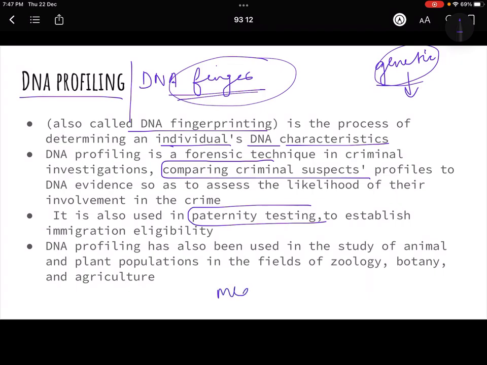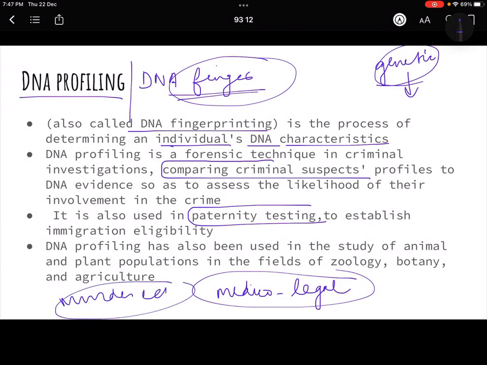All these medico-legal cases can be solved with the help of DNA fingerprinting. So these are the applications, where we can use it in criminal suspecting, paternity disputes, property disputes, rape cases, in fact murder cases, to find out who was the person who was murdered, right? Many medico-legal cases, and it can also be used in the fields of zoology, botany, agriculture, all of that.